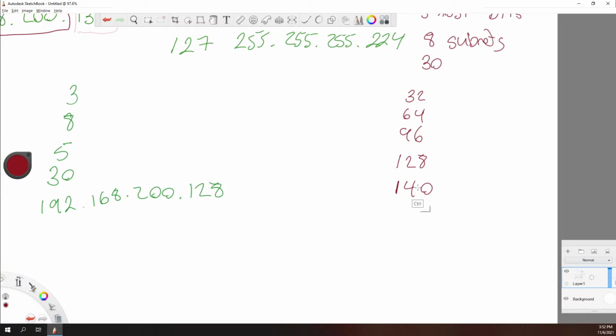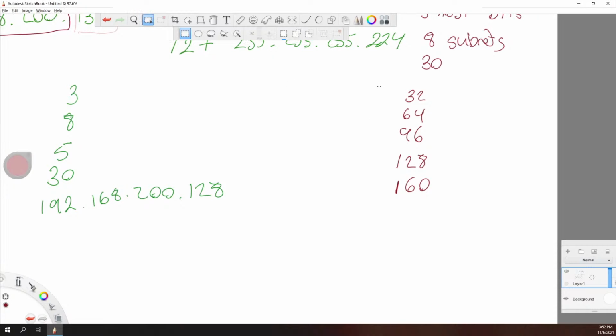If we add 32 to that, that's 160. So right off the bat now, we can say, well, the last available address that we have available to us is 159. That's one approach we can do.